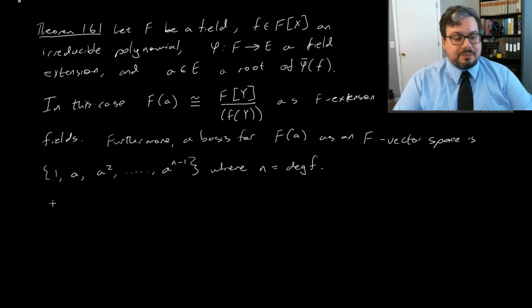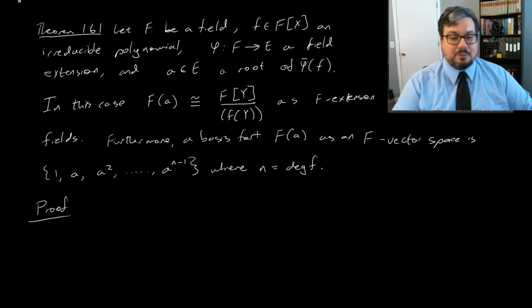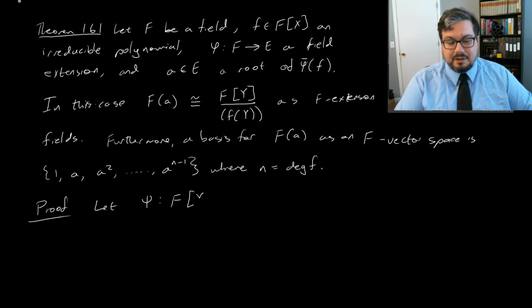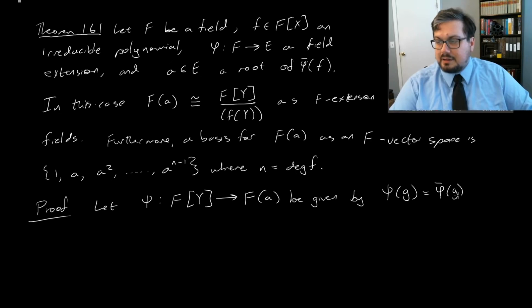All right, so let's see how this works. We want to show an isomorphism of F extension fields, and so we're going to use the first isomorphism theorem to do this. So let psi from F adjoin y to F of a be given by psi of g equals phi bar of g of a.